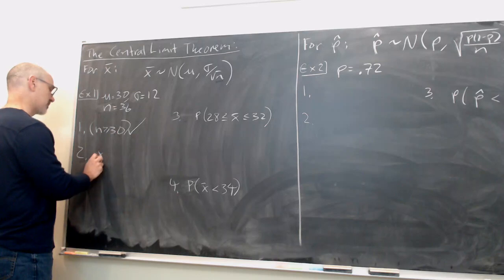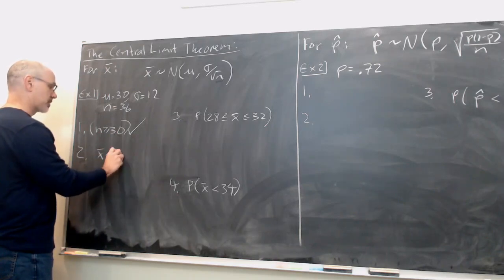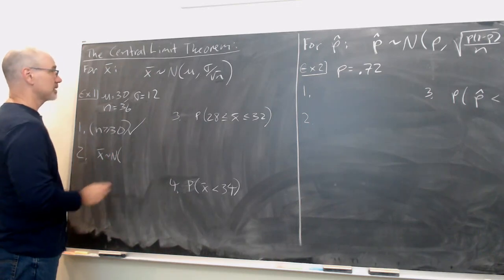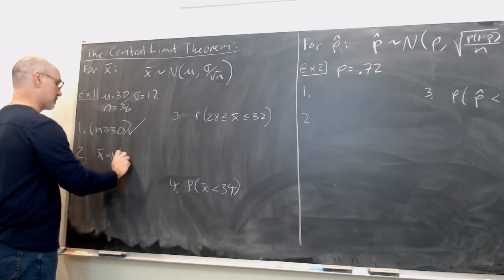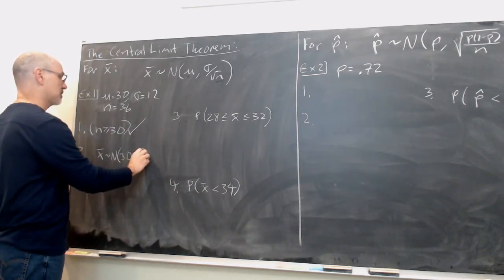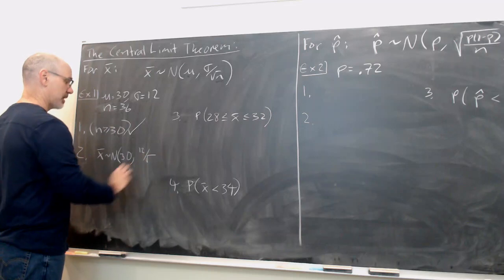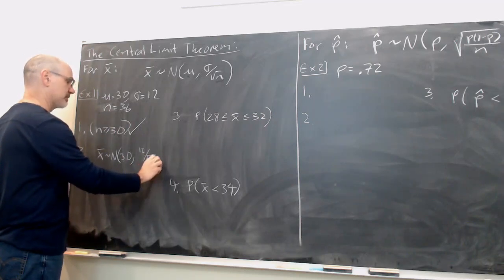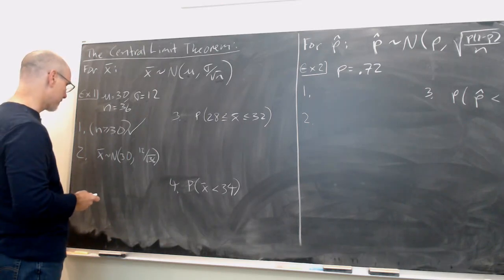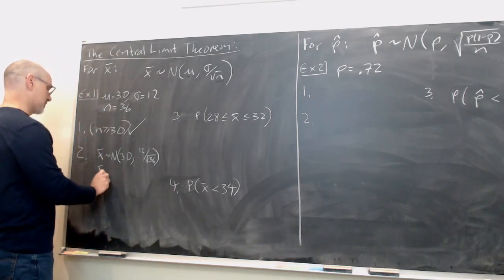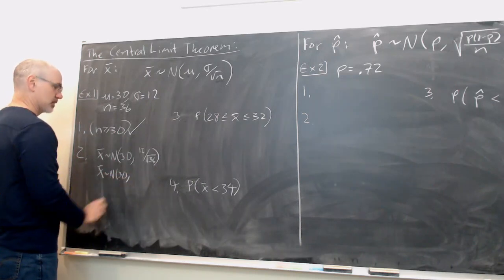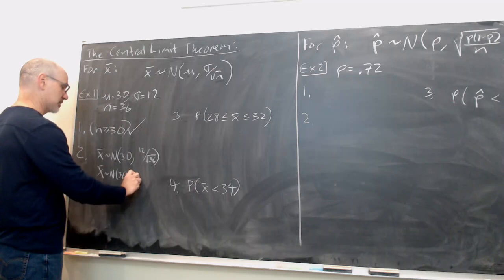So the central limit theorem says X bar is approximately normal, with mean equal to the population mean, so that mean is 30, and standard deviation equal to 12, the population standard deviation, divided by the square root of the sample size. So I've got 12 over root 36, and of course this is rigged to be an easy by hand example. So 12 divided by 6 is 2.